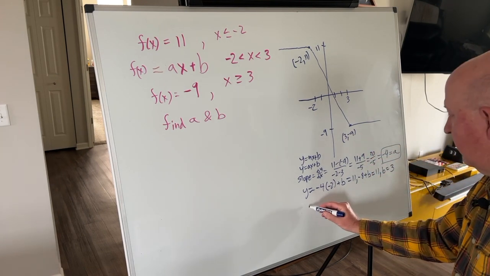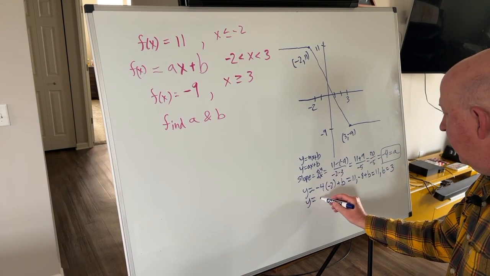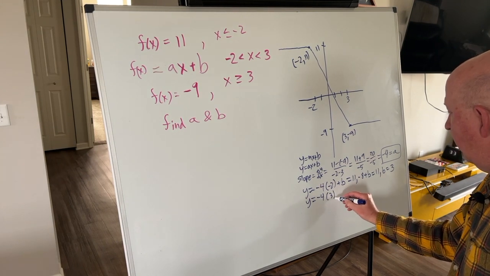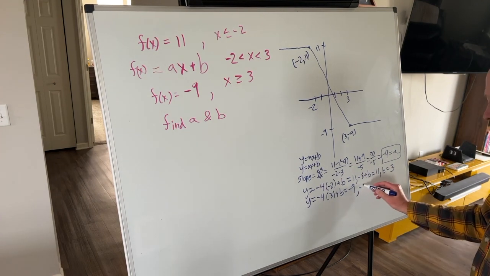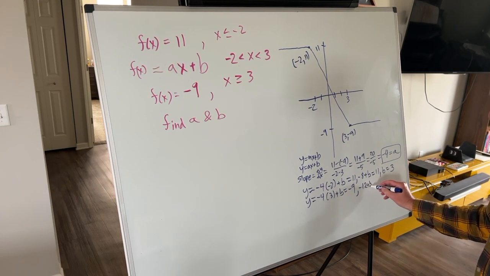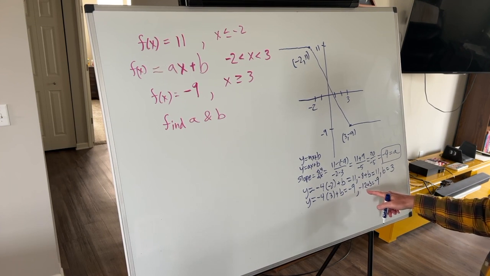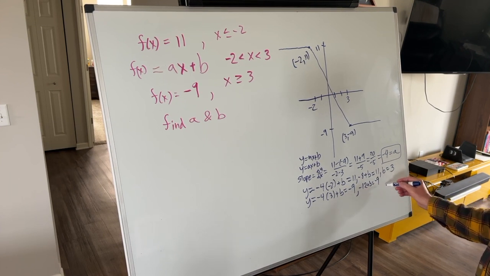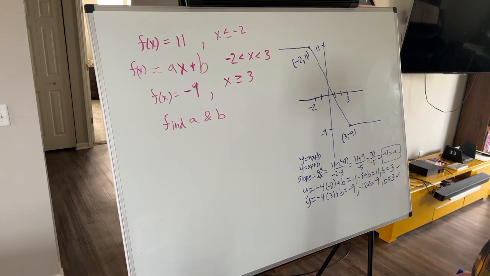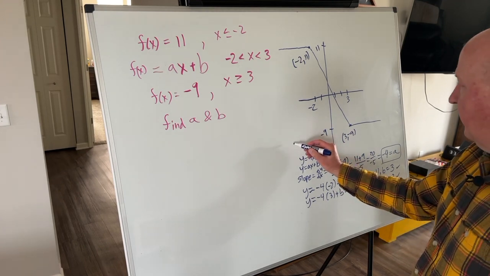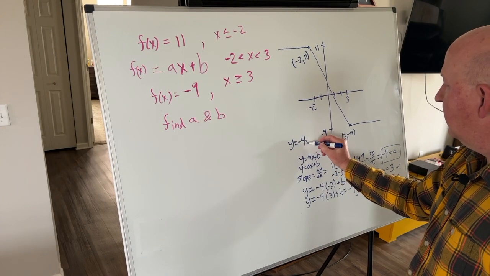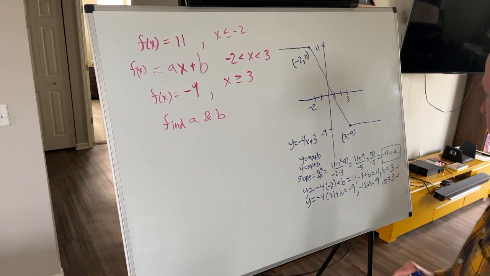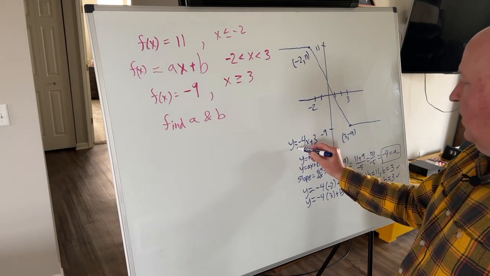Try it with this point too, just to double check: negative 4 times 3 plus b equals negative 9. You get negative 12 plus b equals negative 9. I add 12 on both sides, and I get b equals 3. So my equation is y equals negative 4x plus 3. So that's my line.